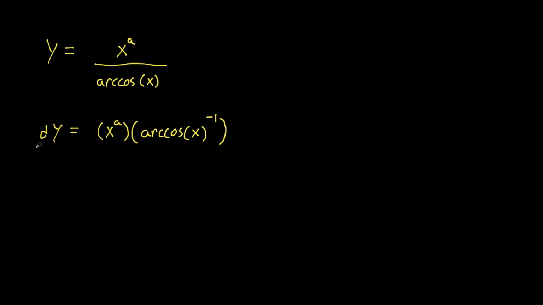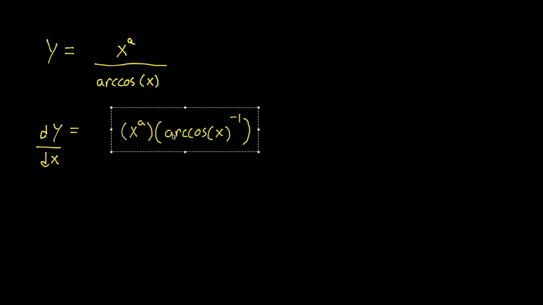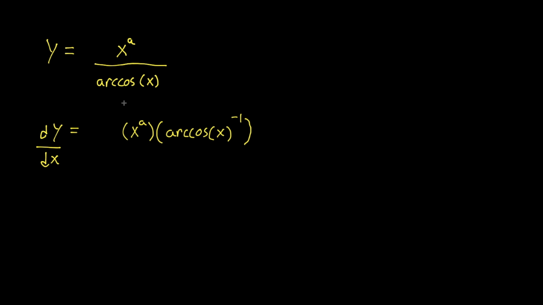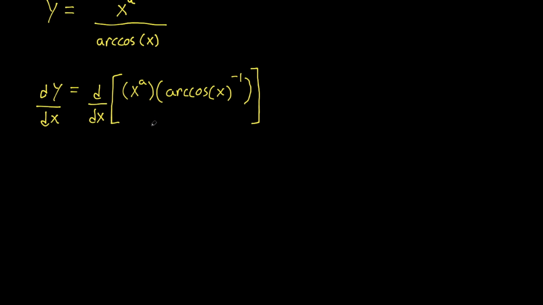So we have the derivative of y equals the derivative of all that. And since we have a function times a function, we can break this up using product rule. So let's do that.